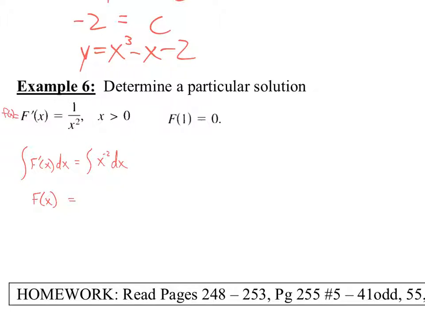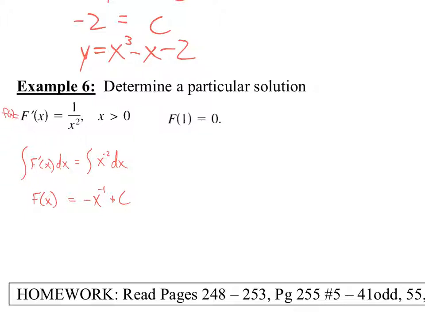And I don't need to put the plus c on both sides. I'll just put it on this right side. If I add 1 to the exponent, it's x to the negative 1, and I divide by negative 1. That's going to be negative x to the negative 1 plus c.